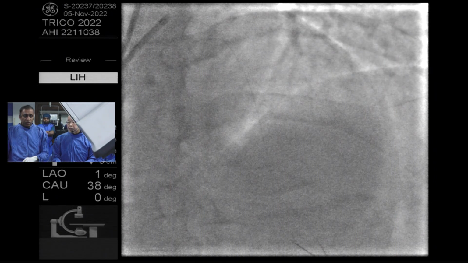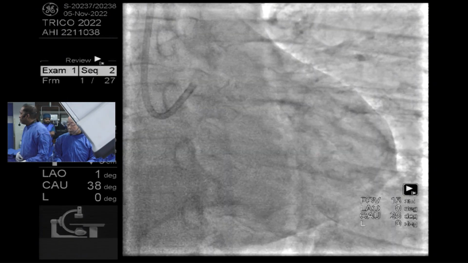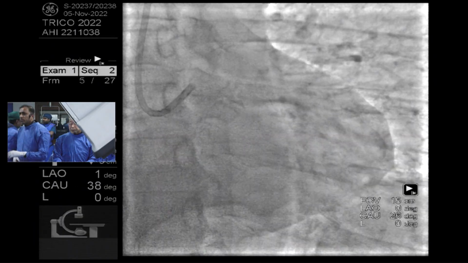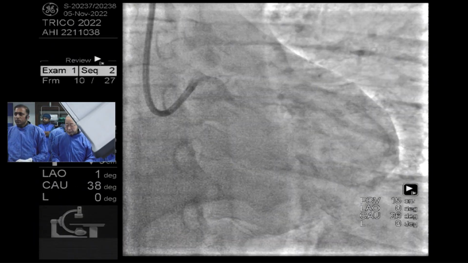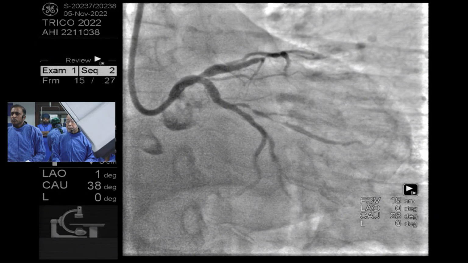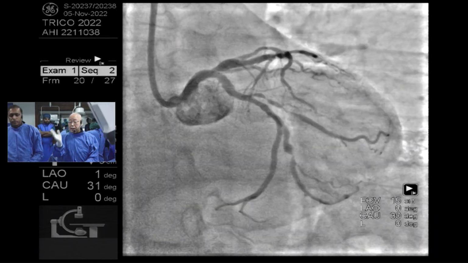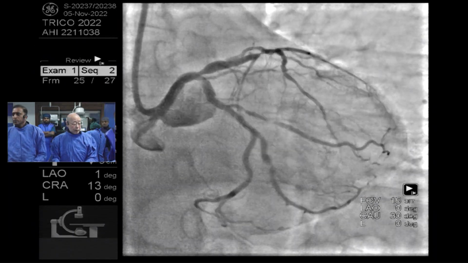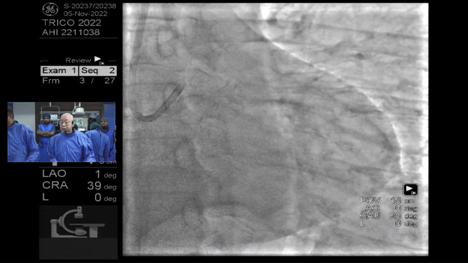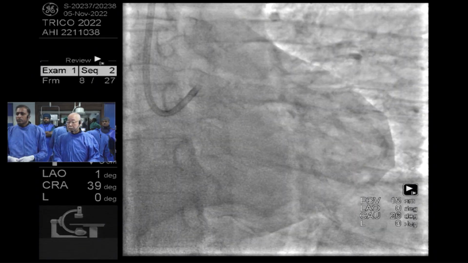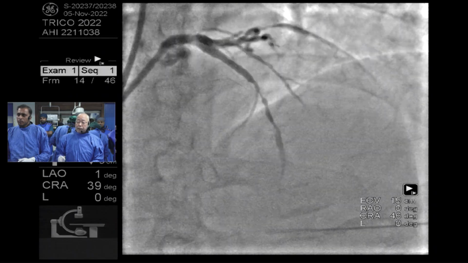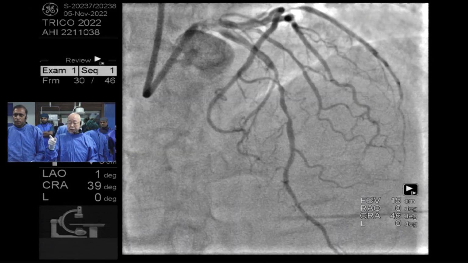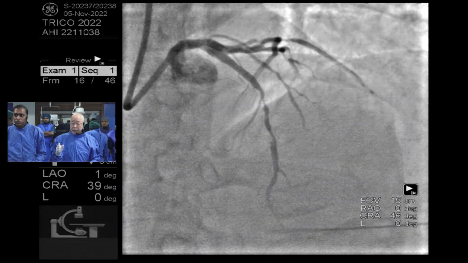Which balloon do you want, sir? 2.5 NC balloon. What would be your strategy, Dr. Saito? First, I want to fix the LAD regions, the mid LAD lesion.